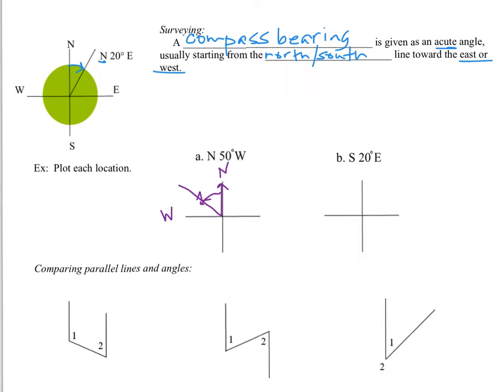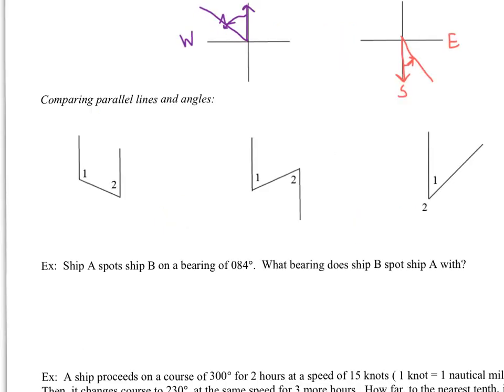In the next example, it's even more unique. Now we're going to start in the south direction. So that means we start at the bottom, and we're going to rotate towards the east. We'll start here and rotate ever so slightly 20 degrees in that east direction. As long as you can determine the direction in which you're rotating, we should be able to generate our pictures.